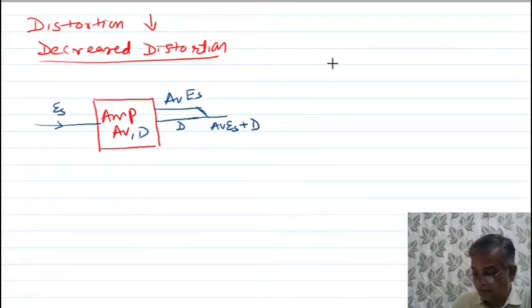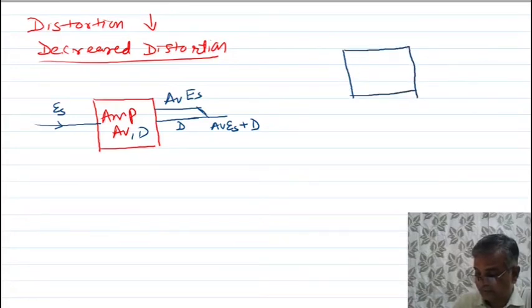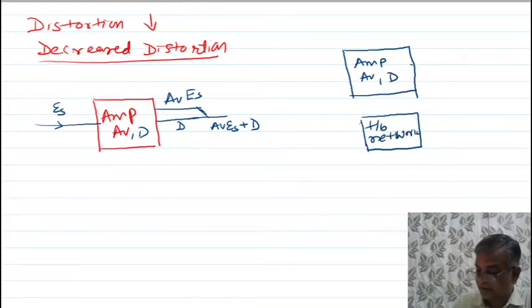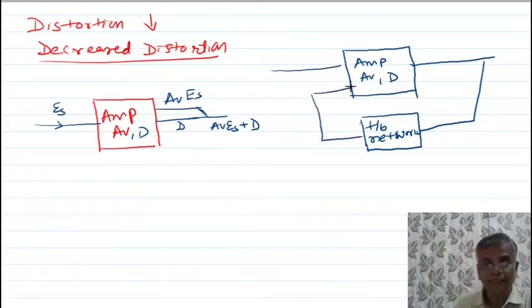Now if I give some negative feedback to this amplifier, this is a feedback network, and some part of this output I am giving to the input, then the output is changed, the distortion will be changed.